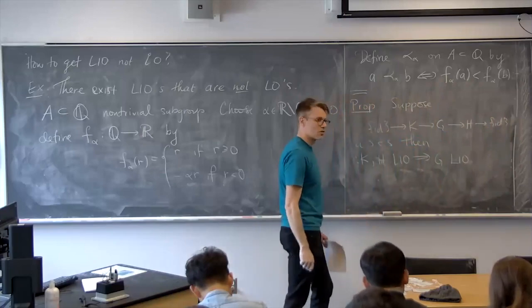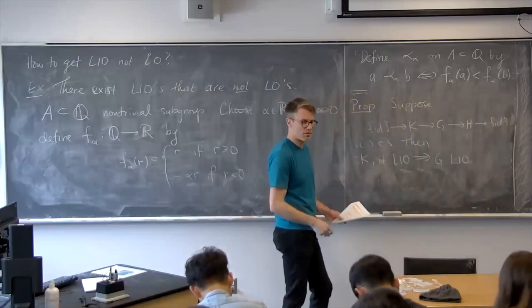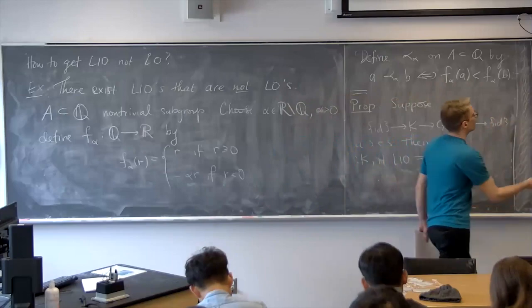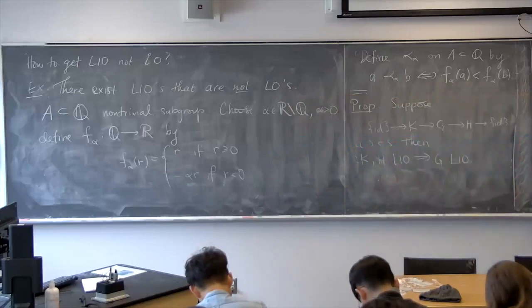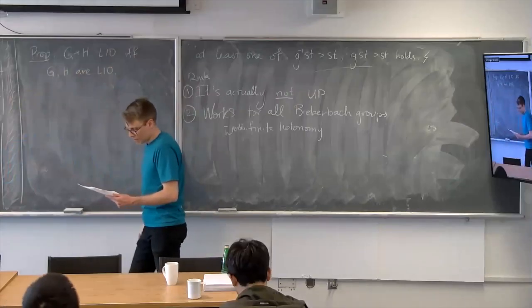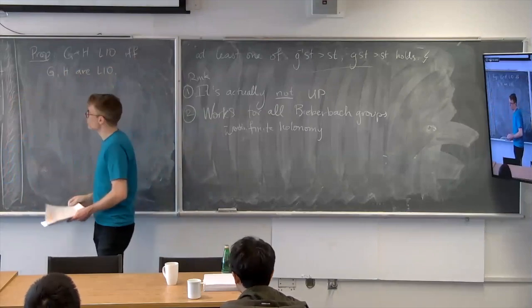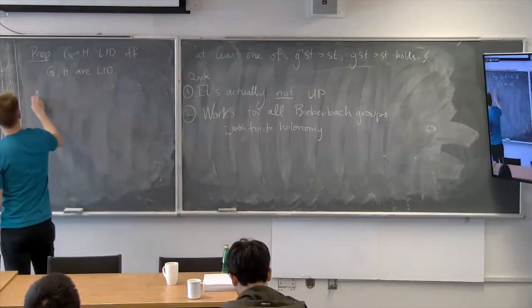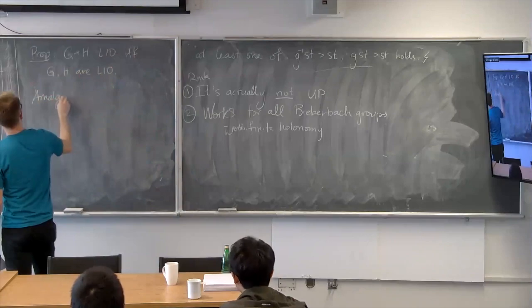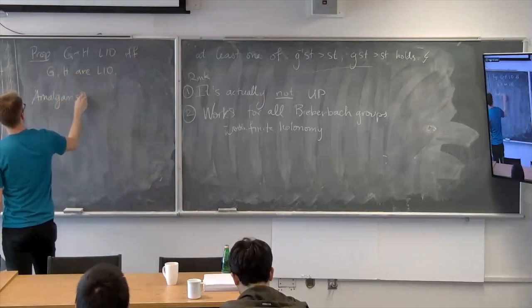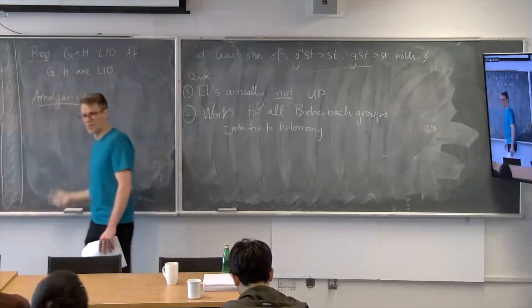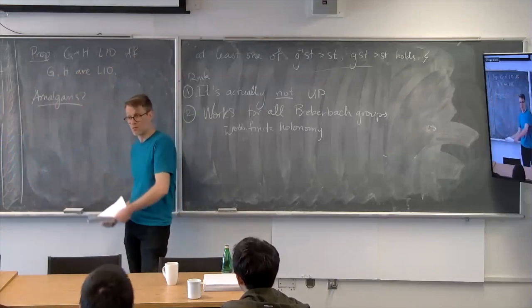It's a lexicographic construction exactly as we saw for LOs. And for free products, and then of course, maybe we could move on to amalgams. That's where the hope of something interesting happening really is, because that's where you can get groups that are not left orderable.